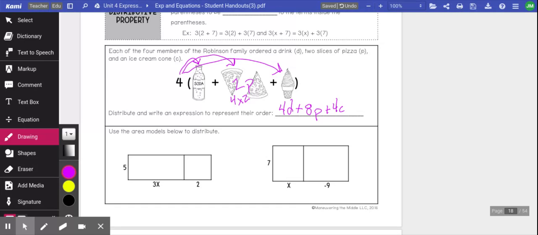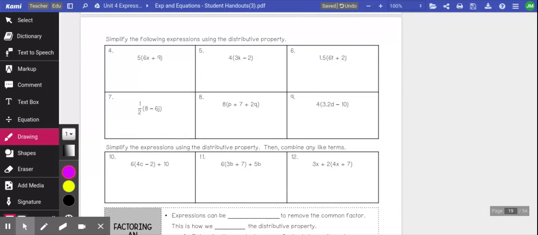It also works in the area model that's shown here. So we would multiply the number on the side, this 5, that constant, times the term 3x, which would give us 15x, and then 5 times the 2 that's over there, which would actually give us 10. So it's basically the same idea. They're just giving it to you in a different format.